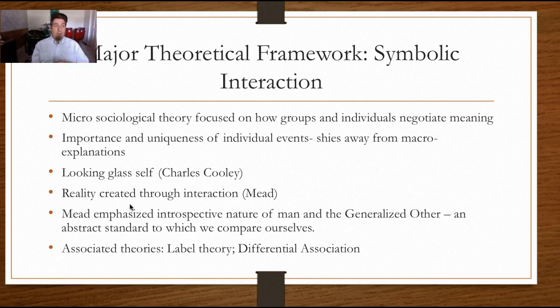And label theory, for instance, argues that if we apply a stigma or a negative label to an individual, this person will begin to see themselves in this way, and others will also see this person in this way, and then that stigma then closes off avenues for this person to see themselves in other more positive ways, leading to very harmful self-identities, sort of a master identity of a person as a thug or a criminal or some negative identity that then negatively impacts the person's psyche and opportunities.